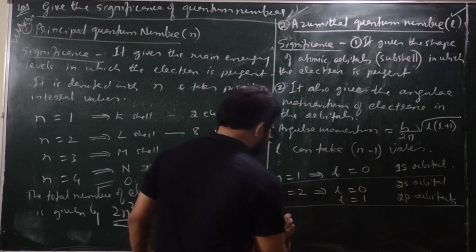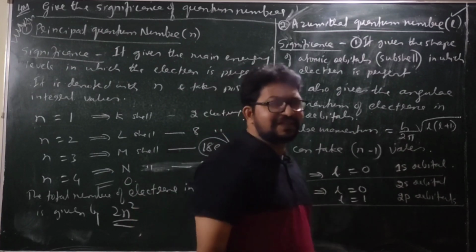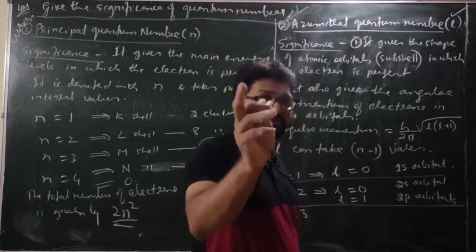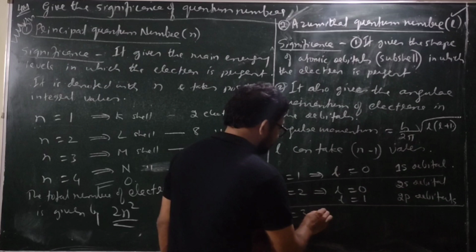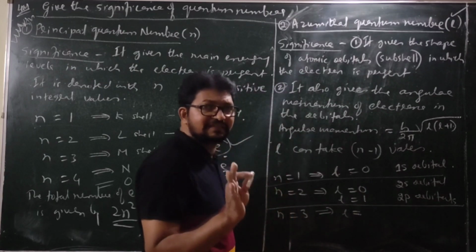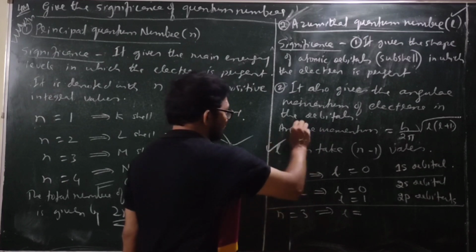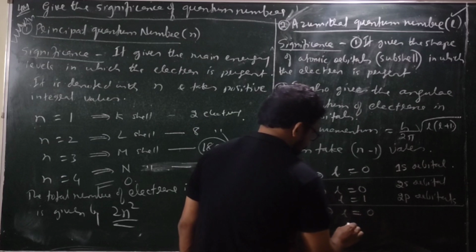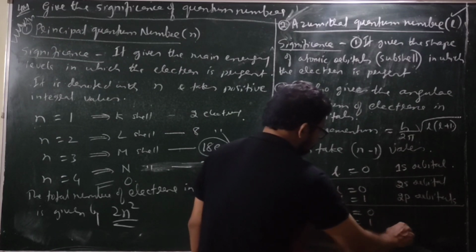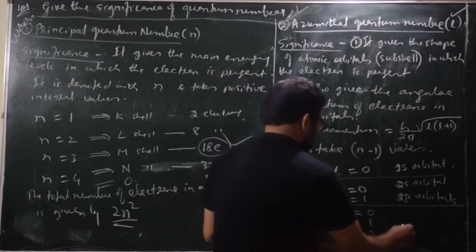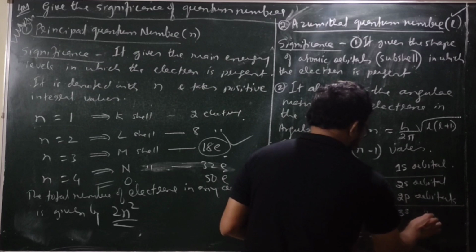Okay, n equal to 3. Repeatedly watch this and you will understand. Listen to each and every word. n equal to 3 implies L is less than 3. L can take n minus 1 values: L equal to 0, L equal to 1, L equal to 2. If you take L equal to 0, what is the orbital? 3s orbital.